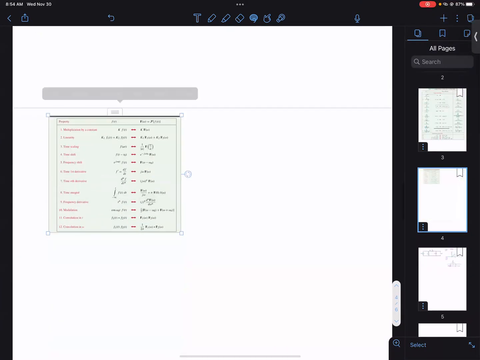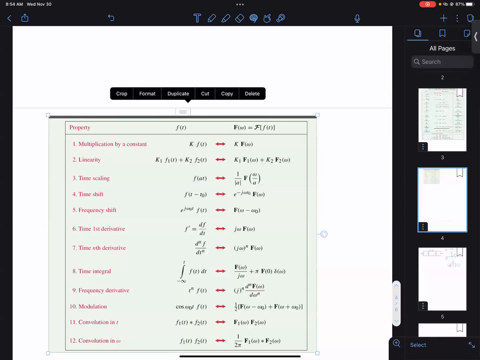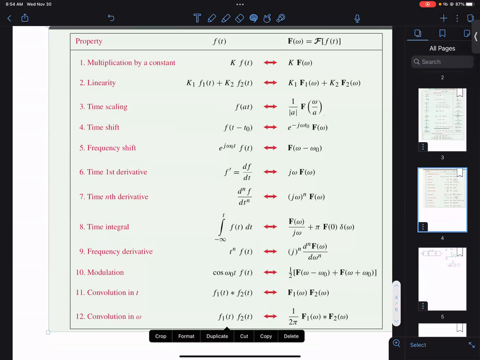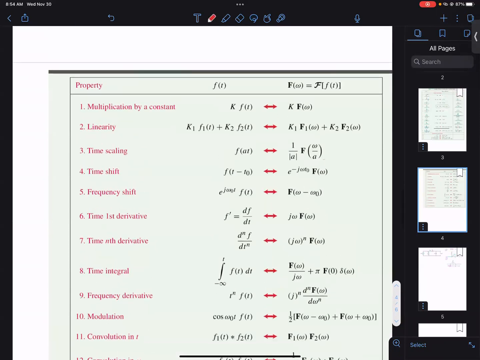But when you have a constant in the frequency domain, you're going to have a constant in the time domain. So that is the same function. If you are adding in the frequency domain, you're going to add them in the time domain, or vice versa.